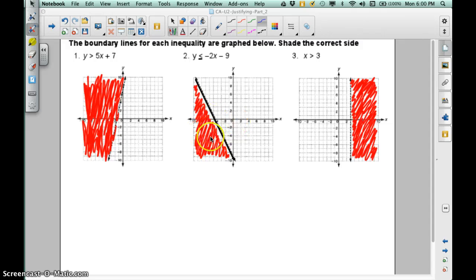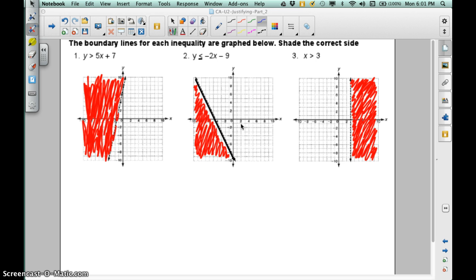If you've shaded the correct side of this line, 0, 0 should not be a solution to the inequality. And if you plug in 0 less than or equal to, and we get 0 minus 9 is negative 9. Well, 0 is not less than negative 9, which makes sense. We don't want 0, 0 to be a solution here because we have not shaded that side of the line.